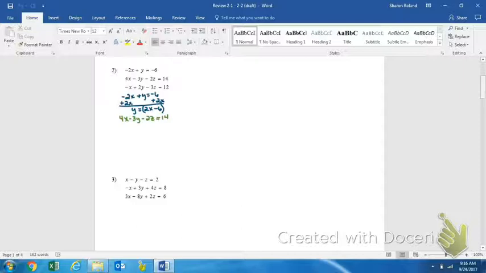Now I'm going to plug this into this y. So that's 4x minus 3 times 2x minus 6 minus 2z equals 14. And I'm going to distribute that. That would be 4x minus 6x plus 18 minus 2z, and it equals 14.